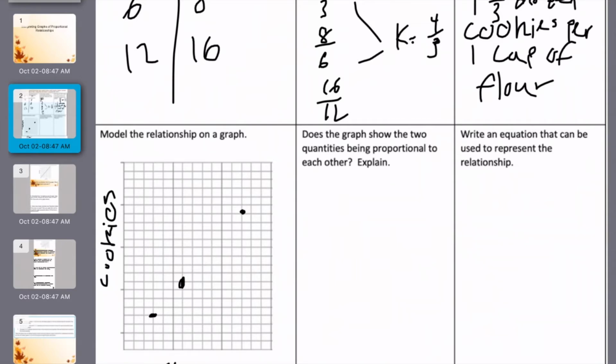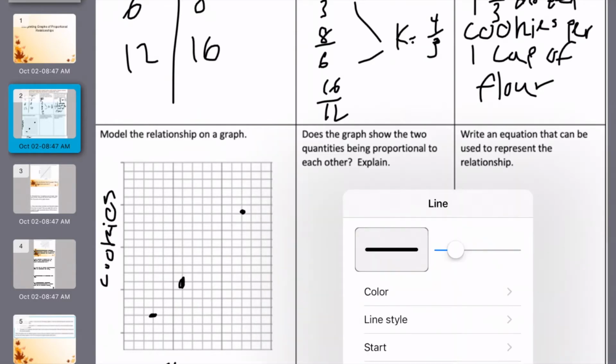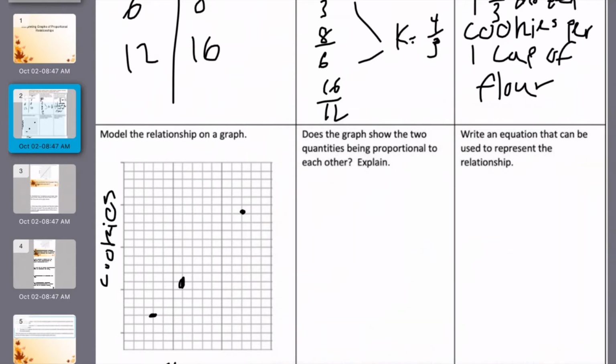There we go, and now I'm going to make a line that fits all of that. Very good. So that's roughly how our graph is going to look. Does the graph show the two quantities being proportional to each other? Yes. And how do I know?